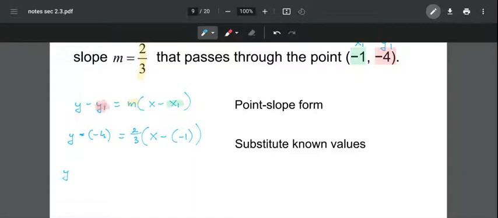So we have y plus 4 equals 2/3 times, and two negatives will give you plus, x plus 1. And that's how you're going to leave the answer. This is point-slope form. So don't distribute that 2/3. They want you to leave the solution in the point-slope form.